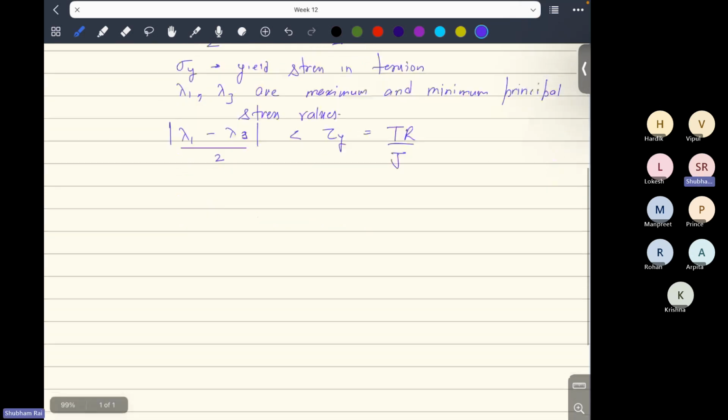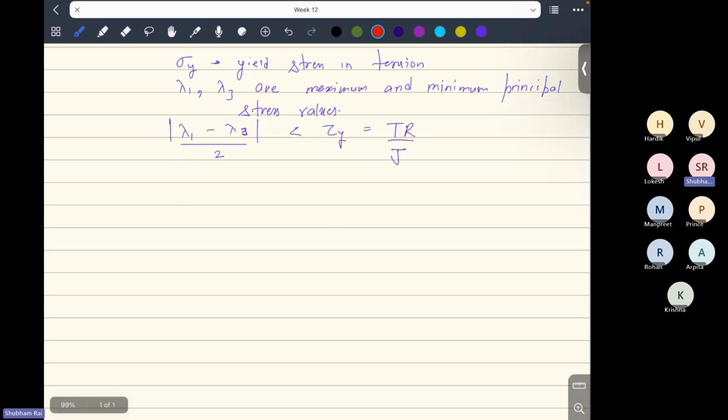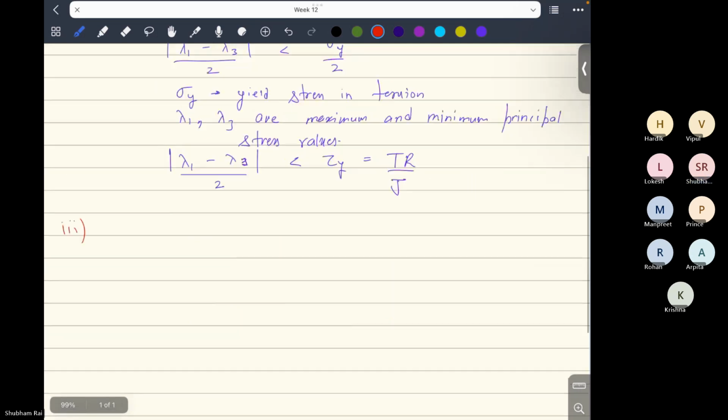Now you have one more theory, which is the distortional energy theory. Distortional energy is the energy which is spent in distorting the body, that is, changing the shape of the body.